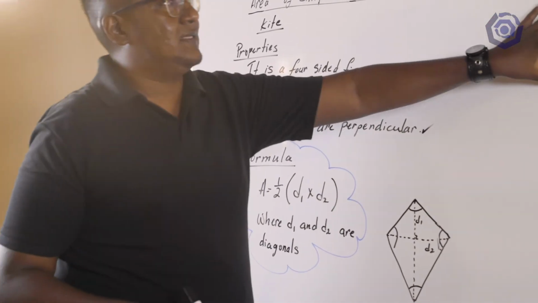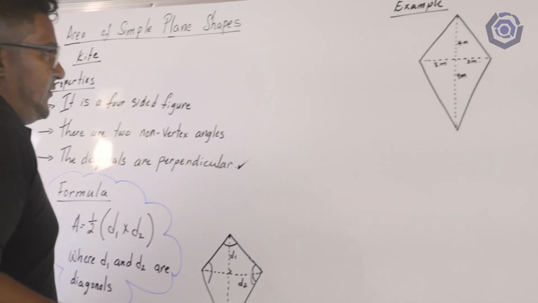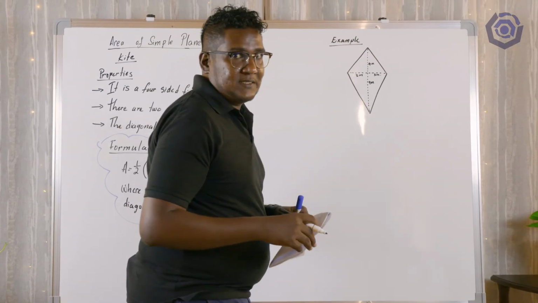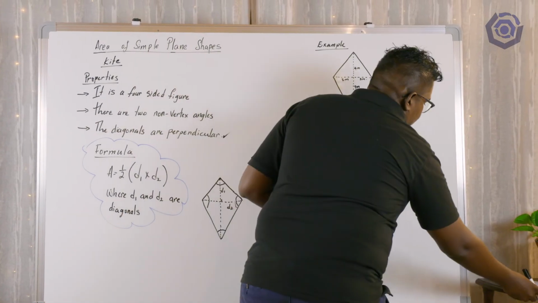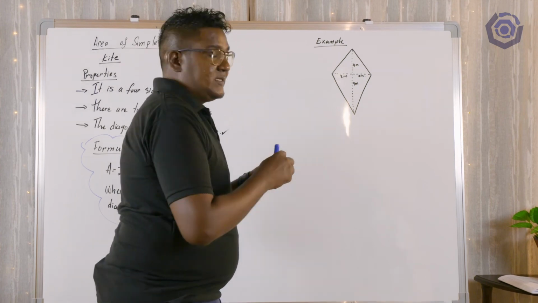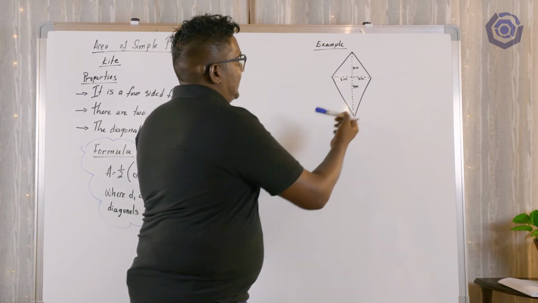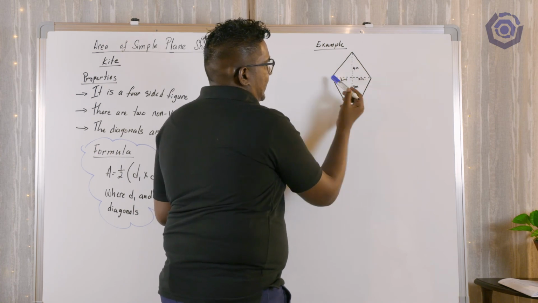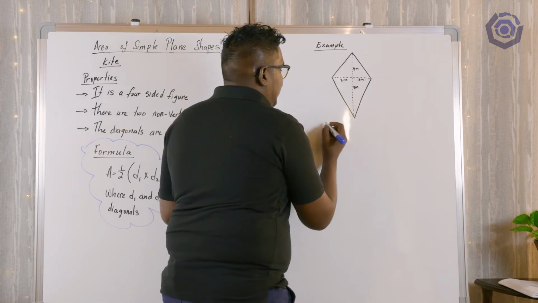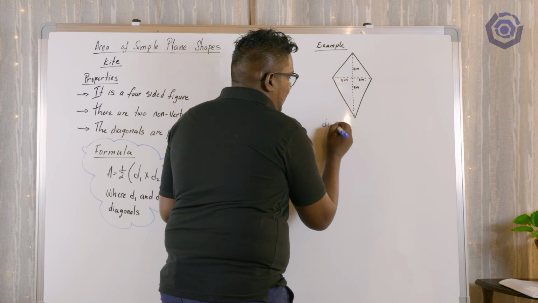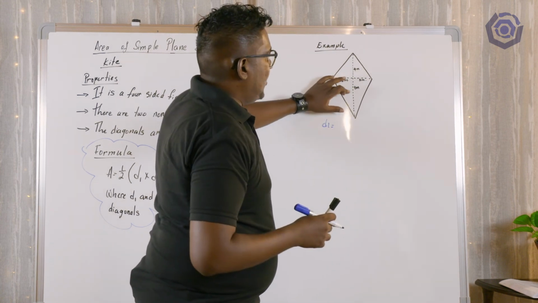Now let's go into the example here. If you look, you have four measurements in this shape. Now we said that the formula is A is equal to half of D1 times D2. And we identify that this is one diagonal and this is the other diagonal. So to find the length of D1, what we have to do is to add our parts.